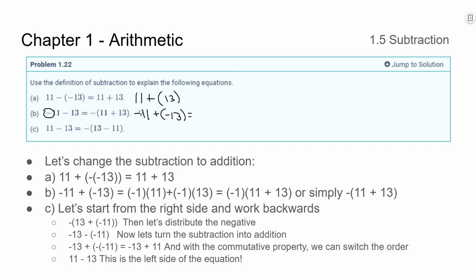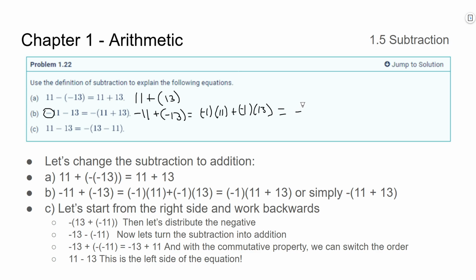So for this one, we can actually show that negative 11 is the same thing as negative 1 times 11. We've done that before. Plus, same thing for negative 13. That's the same thing as negative 1 times positive 13. Now that we have that, it's very clear that both of these terms have a negative 1 that we can factor out, or as I like to call it, the reverse of the distributive property.